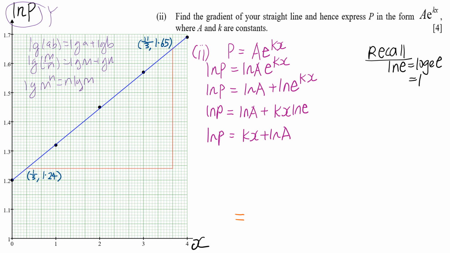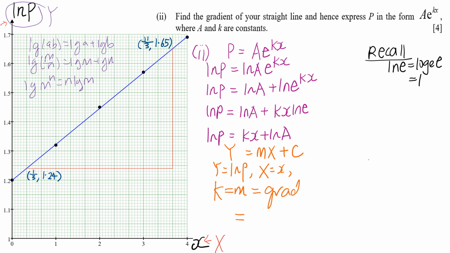Then compare it with the usual big Y equals m big X plus C. That explains why this is ln P on your big Y, and this is your big X. So the gradient is actually your k value. Your k represents the gradient, which you can find by identifying 2 points on the straight line.